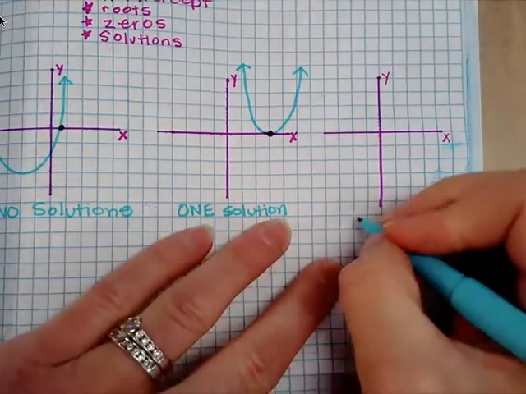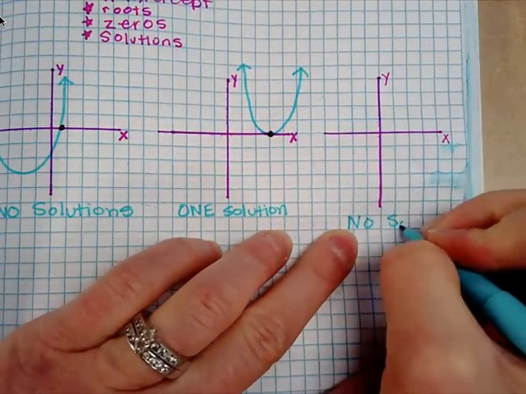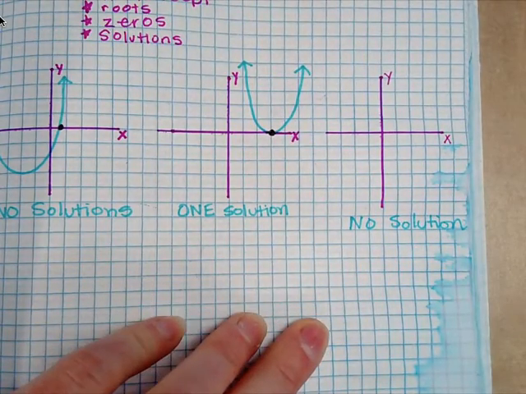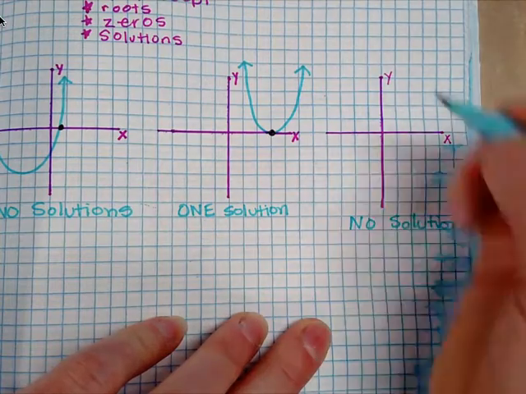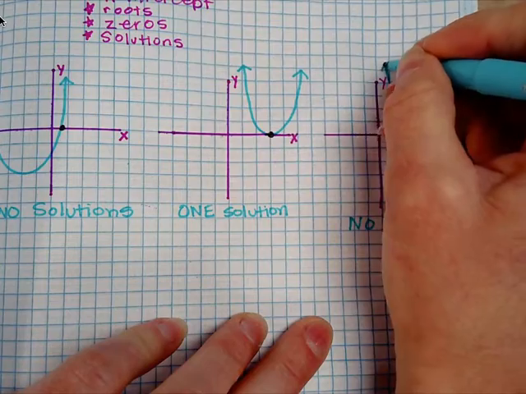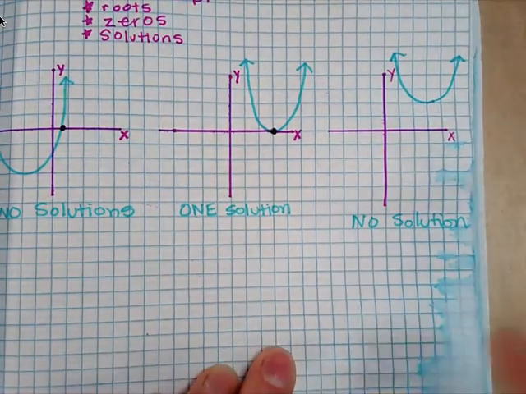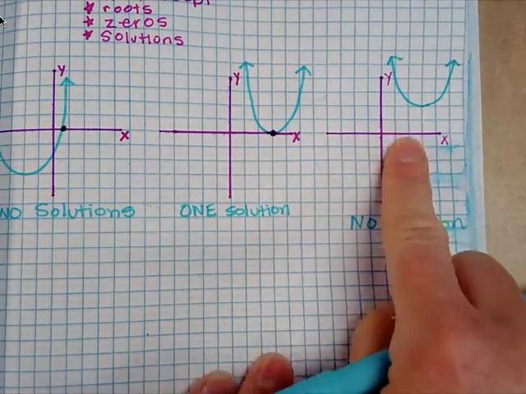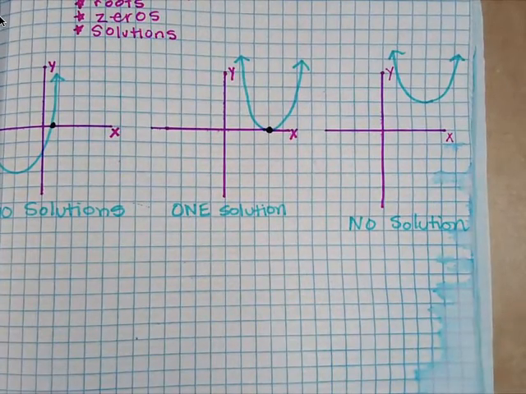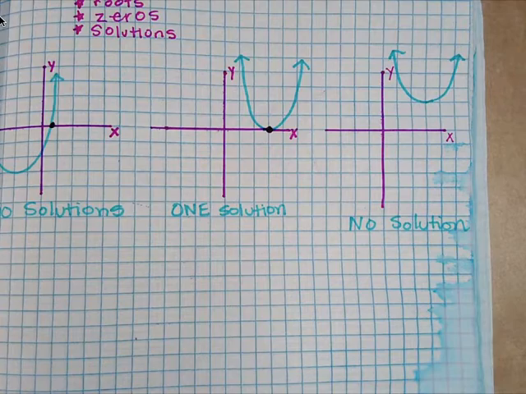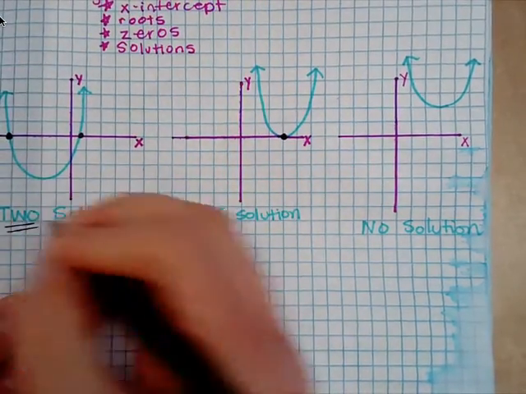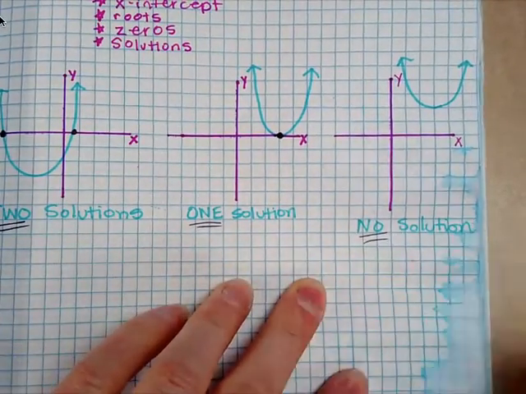And then the last one is no solution. No solution is when it never touches the x-axis at all. It's right above it or right below the x-axis, but it never passes through. That's what a no solution looks like. So we have 2 solutions, 1 solution, and no solution.